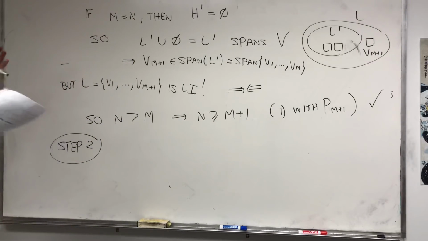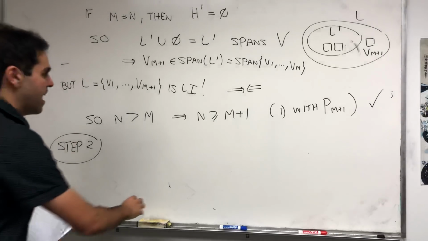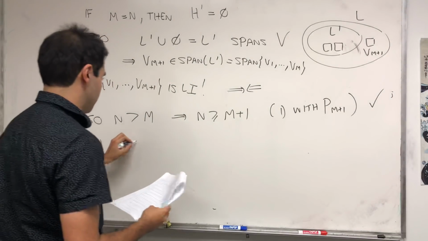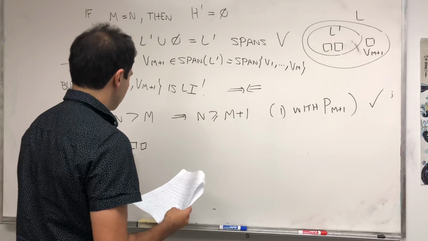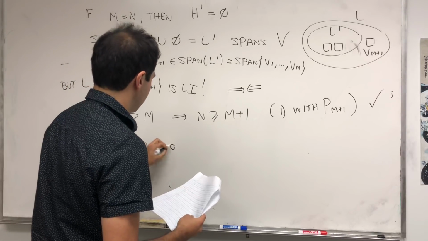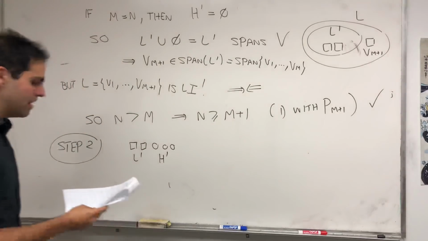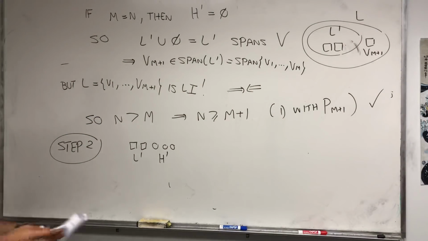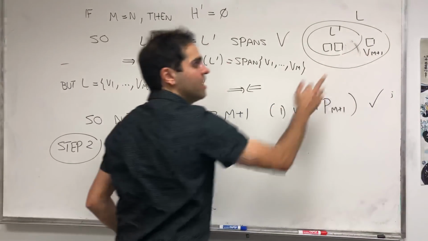So we have this set L prime that's linearly independent, and we extended it with H prime. Just a reminder, this is L prime, and that's H prime. We expanded that. Let's just consider the element that's not in L prime.